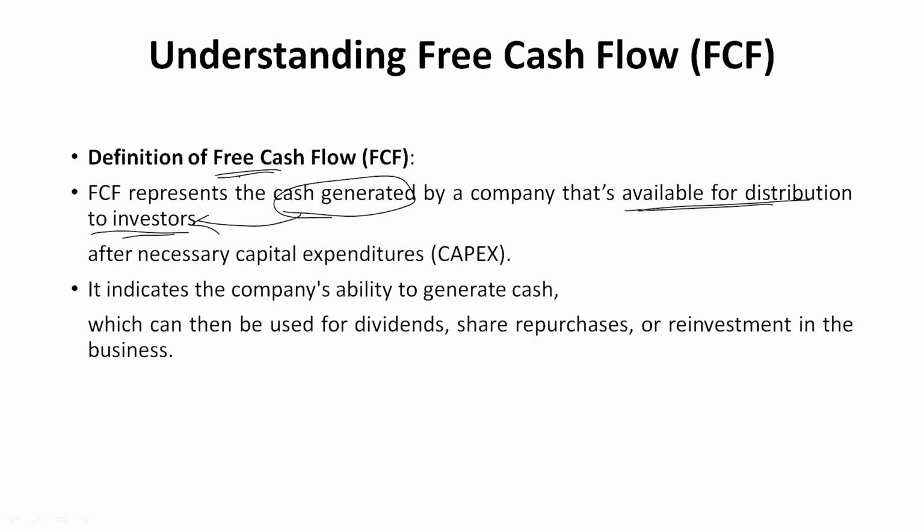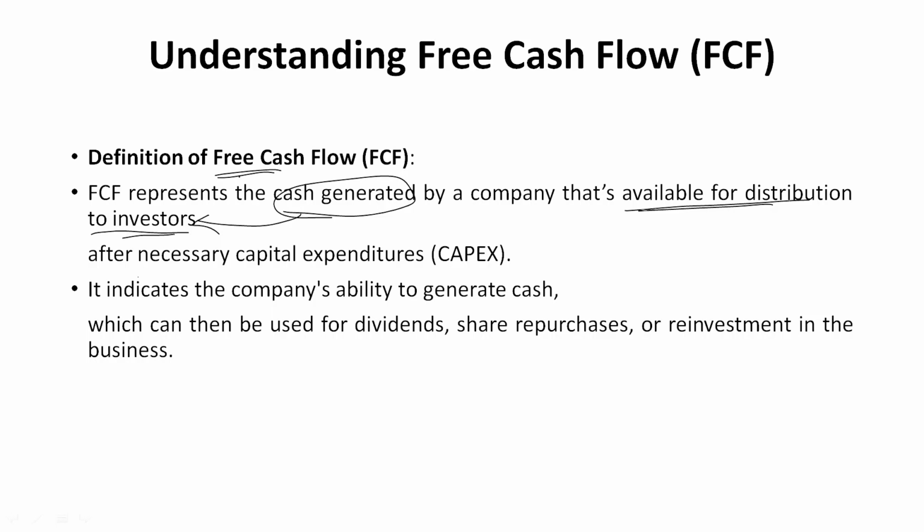Okay, and it can be available for distribution to investors, or if the company feels that there is more growth potential by reinvesting this particular amount, then I can use it for additional capital expenditure. And in this case, this is called plowing back of profit.